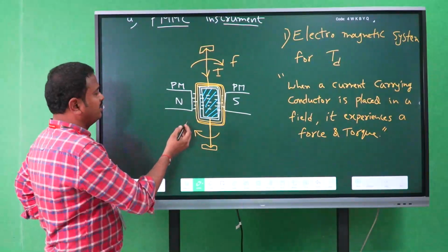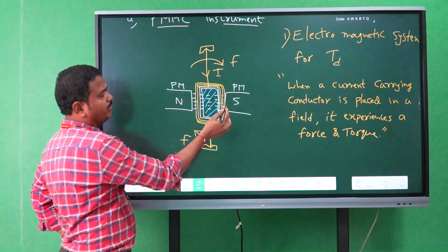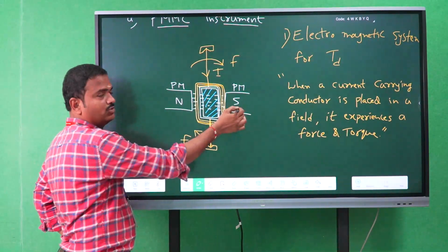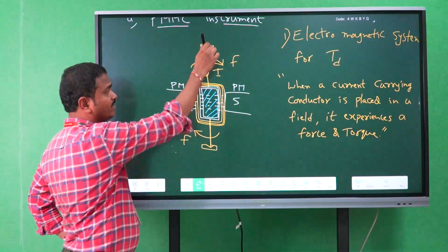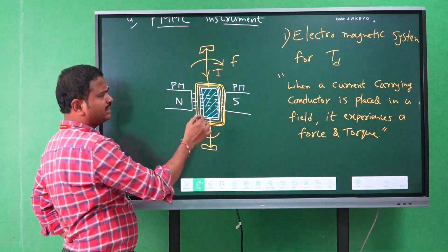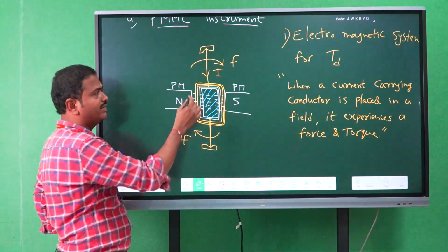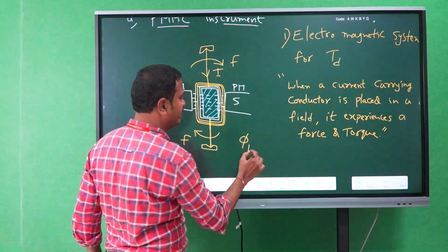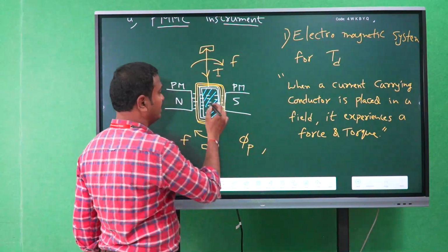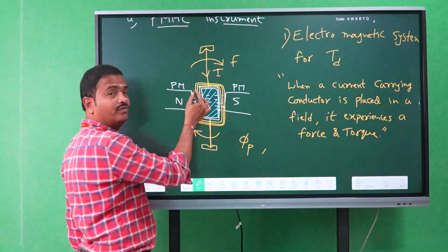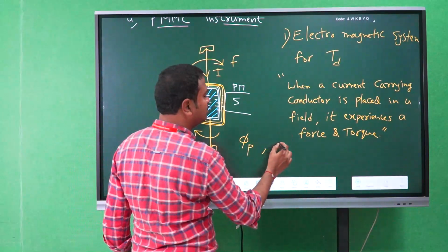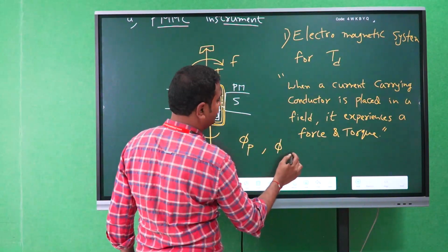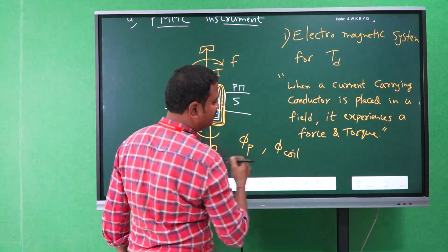Here we have the main pole flux, with the north pole and south pole, and here we have a current carrying conductor. Whenever a current is flowing through the moving coil, it produces another flux, which is the coil flux.